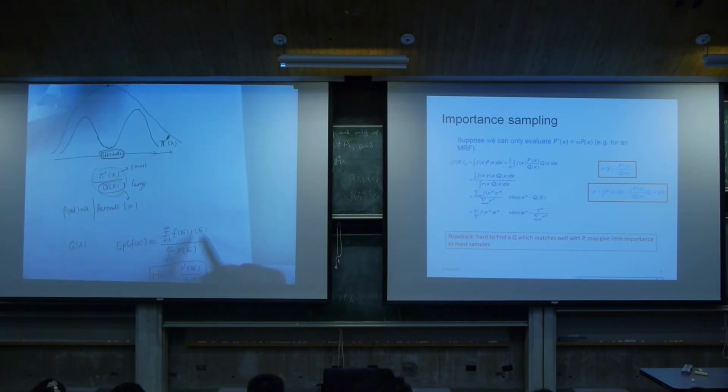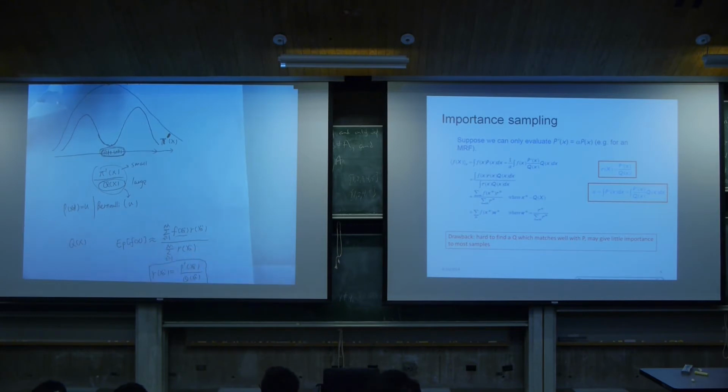So in the sample mean, all the values of f(x_i) are weighted by r(x_i). That means you generate a lot of samples, but most of them are given very small weights. In other words, you are generating a lot of unimportant samples.